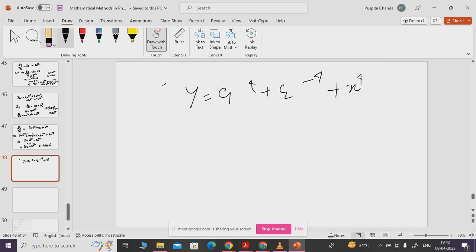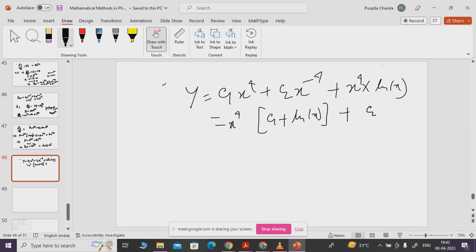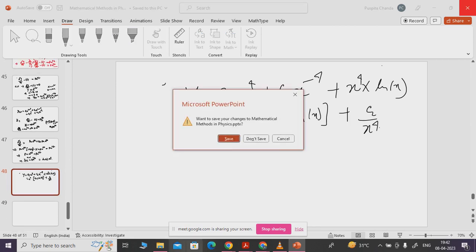Okay, sorry, I made a mistake. So y is equal to x to the power 4 (c1 plus ln x) plus c2 x to the power minus 4.